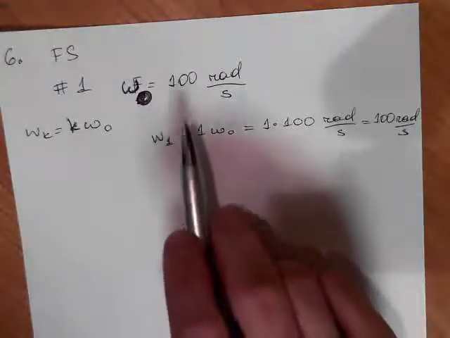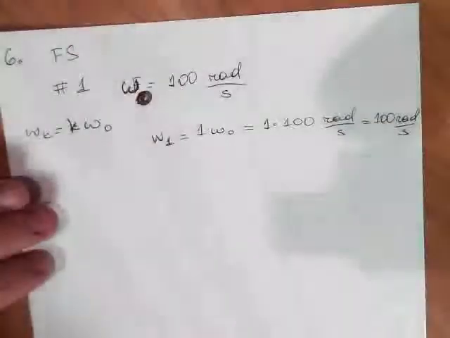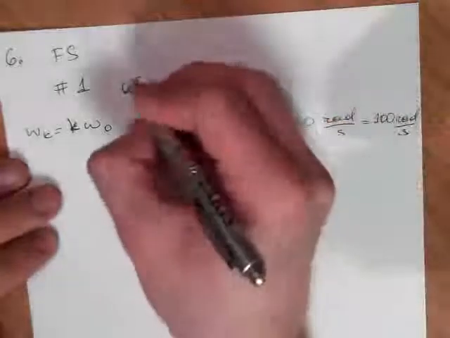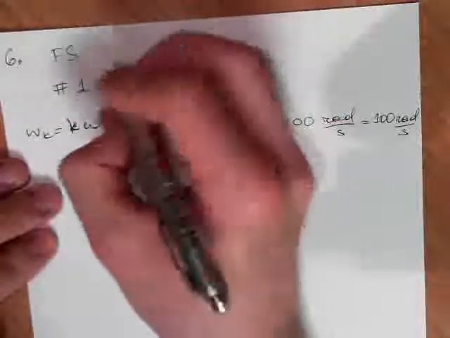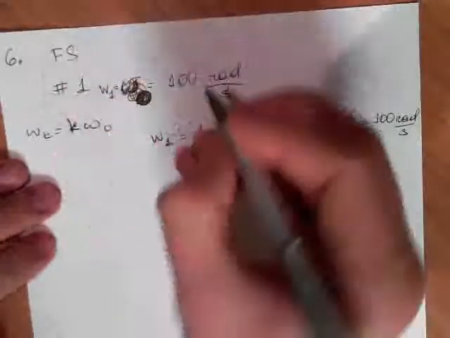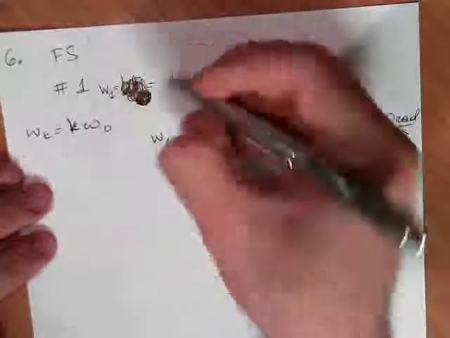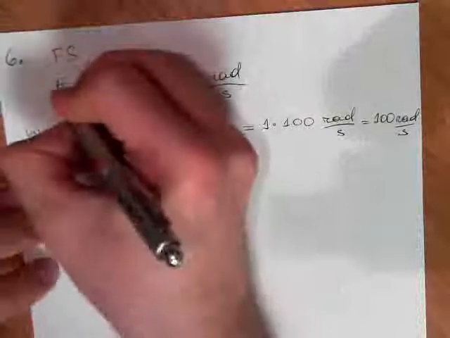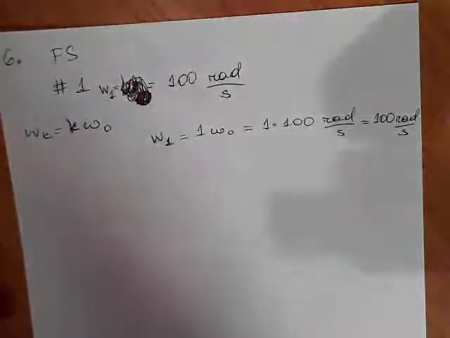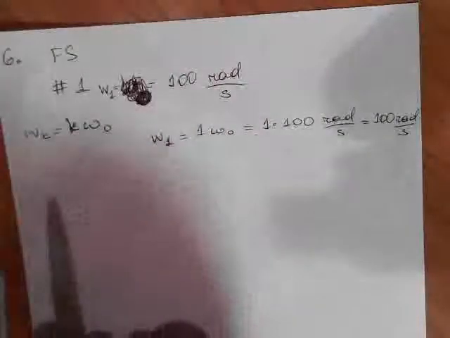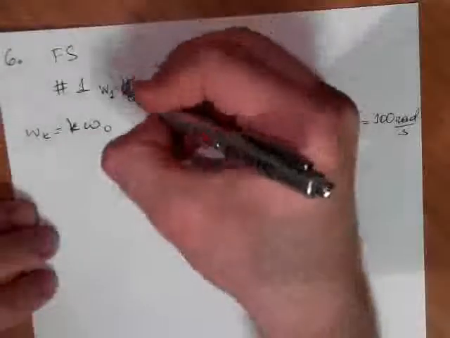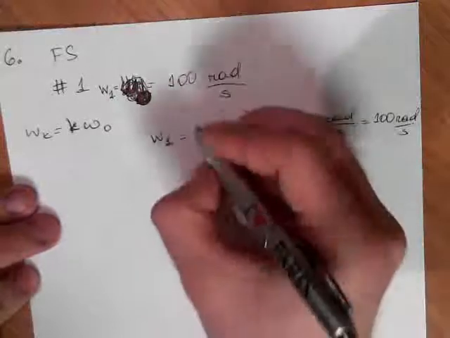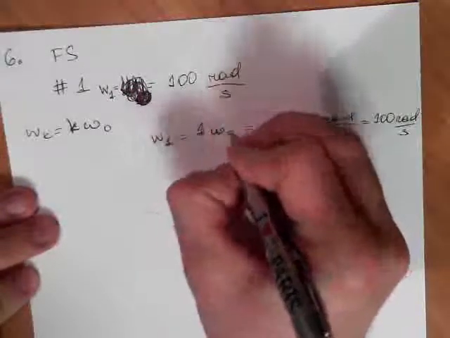Let's write: it is given that omega 1 is 100 radians per second. It is given in question number 6. So omega 1 is obtained as 1 times omega 0.